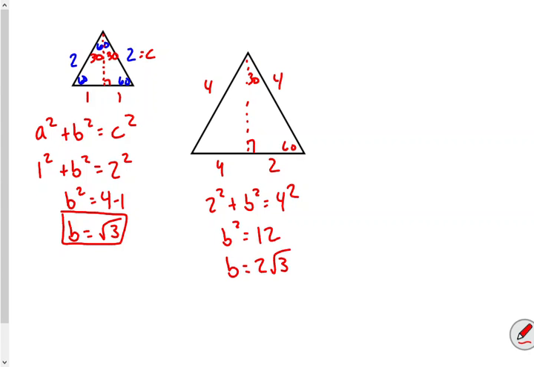So by multiplying each side by 2, I end up getting the same type of relationship here.